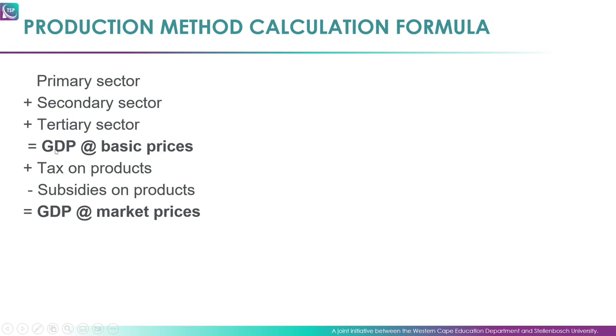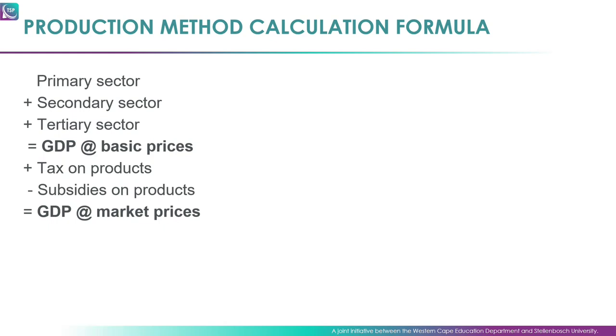And then if you're converting your GDP at basic price to GDP at market price, you have to add tax on products and minus subsidies on products. So GDP at basic price plus tax on products minus subsidy on products gives you your GDP at market price.